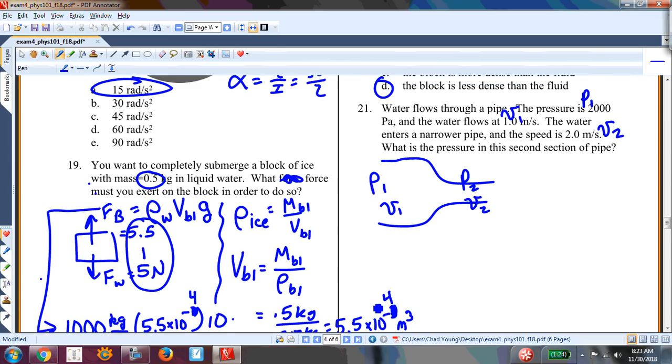The Bernoulli equation says that P1 plus 1/2 rho V1 squared is equal to P2 plus 1/2 rho V2 squared.